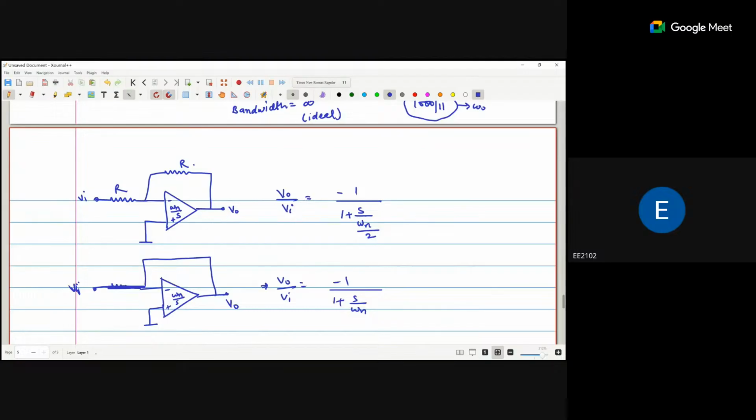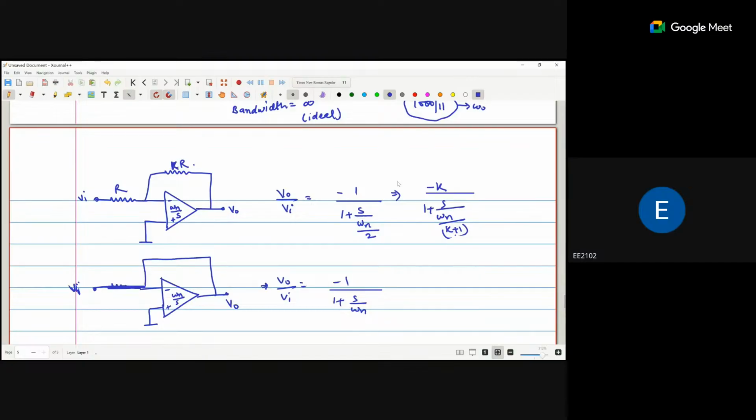Okay, so if I say that this is the KR, the value is minus K upon 1 plus s upon omega n divided by K plus 1.